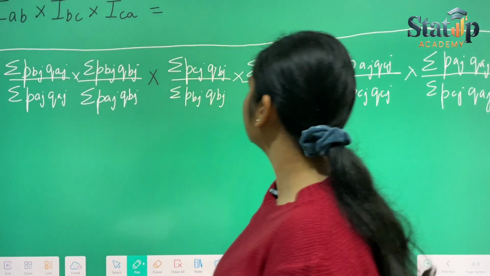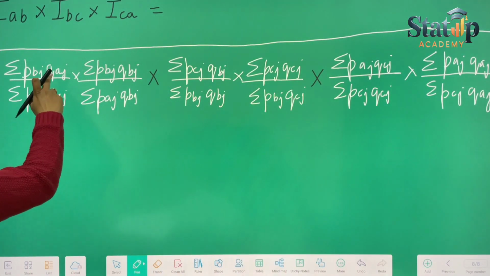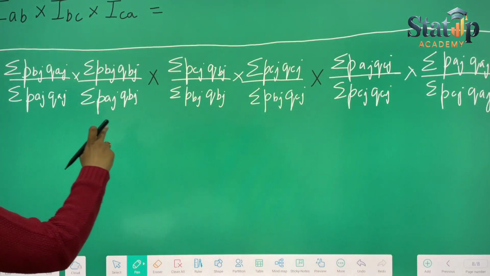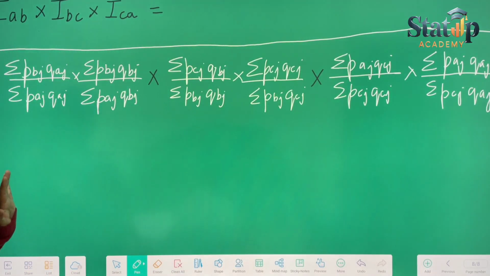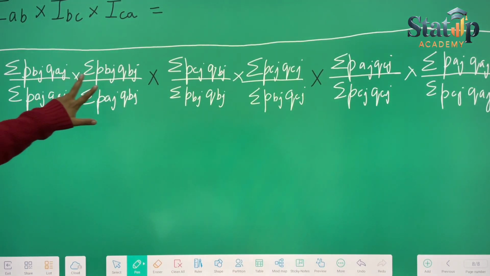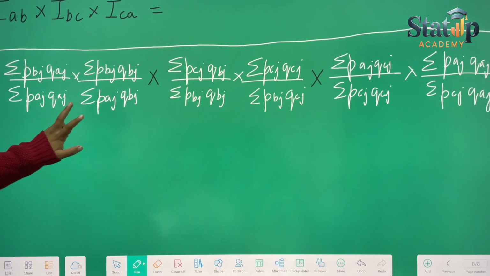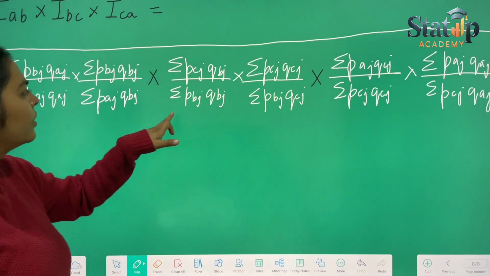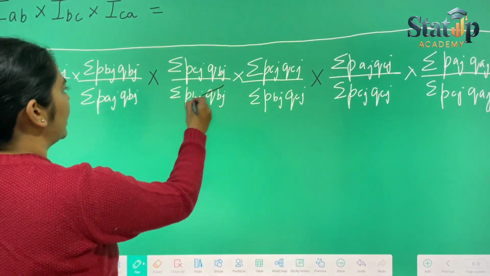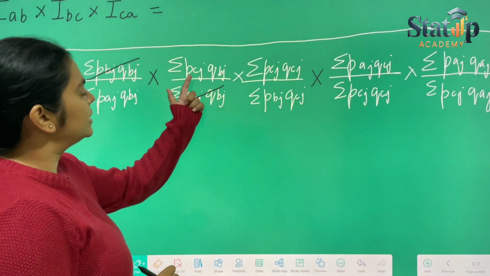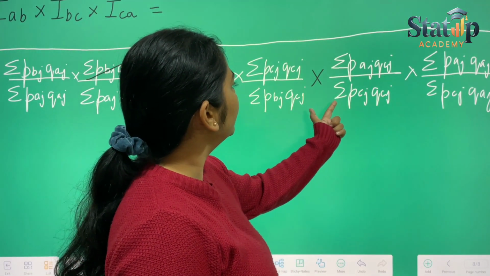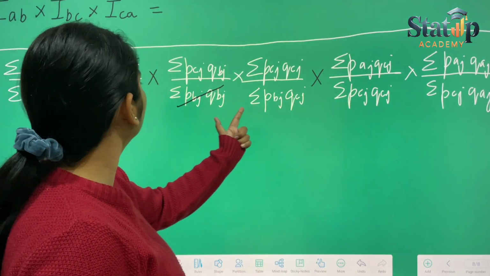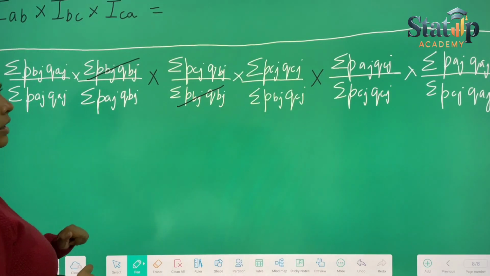Now here, we see PBJ and QAJ; if there is anything in the denominator with B and A, there is nothing. Then PBJ QBJ, PB and QB, this and this get cancelled. PC and QB, there is nothing like that.